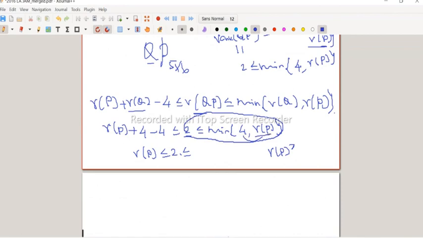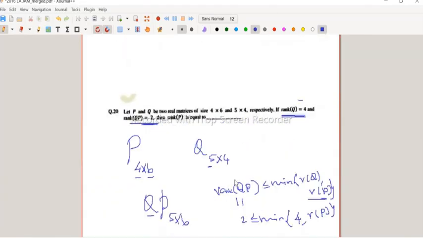Anyway 4 is bigger than 2, therefore this rank of P is also bigger than or equal to 2. Therefore we get rank of P less than or equal to 2 and greater than or equal to 2. Therefore rank of P should be 2. Okay, therefore the answer is 2. The rank of P is 2.